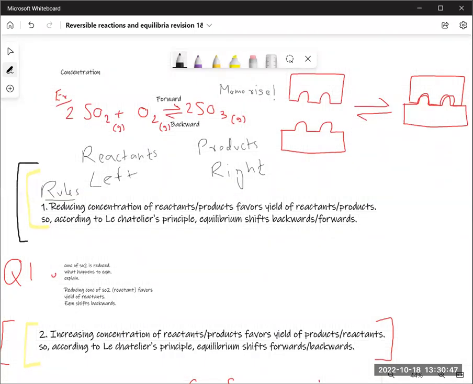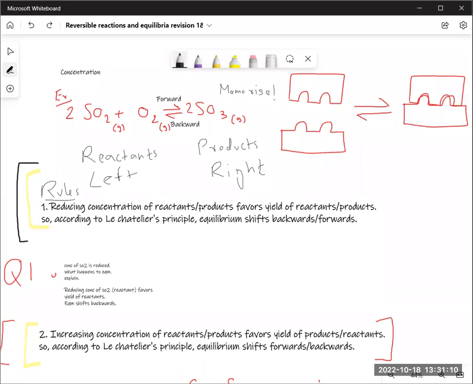Now, Manvi, read this rule quickly. Rule 1. Reducing concentration of reactants favors yield of reactants. So according to Le Chatelier's principle, equilibrium shifts backwards. Fine. Now, Anas, read it again.